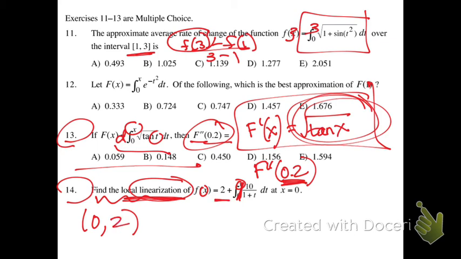The slope, however, means you're doing the derivative. The derivative of that number out front, that 0, goes away. And the derivative of this is the new rule. Replace the t with an x, and then plug in 0 to find that derivative. So you're just doing the equation of a tangent there. All right, good luck. Let me know if you need any videos working out the problems.